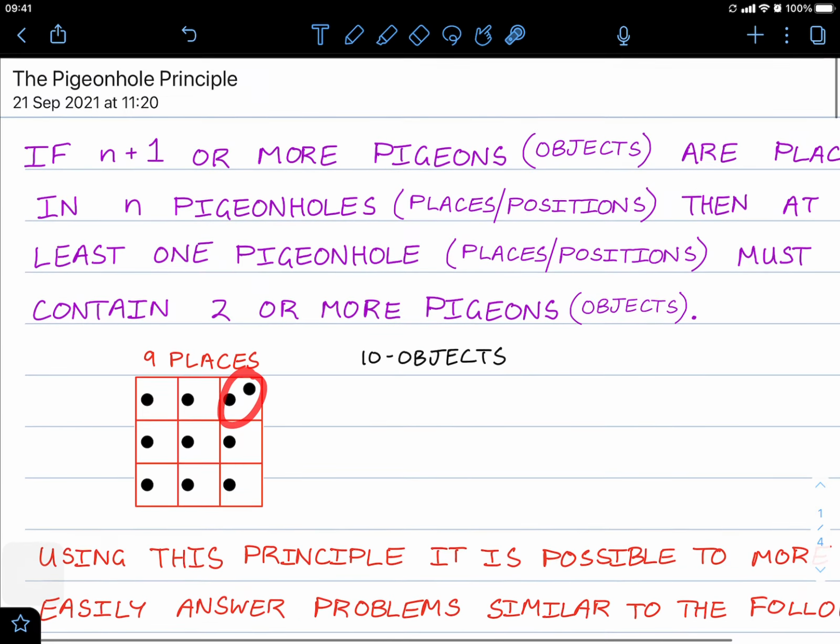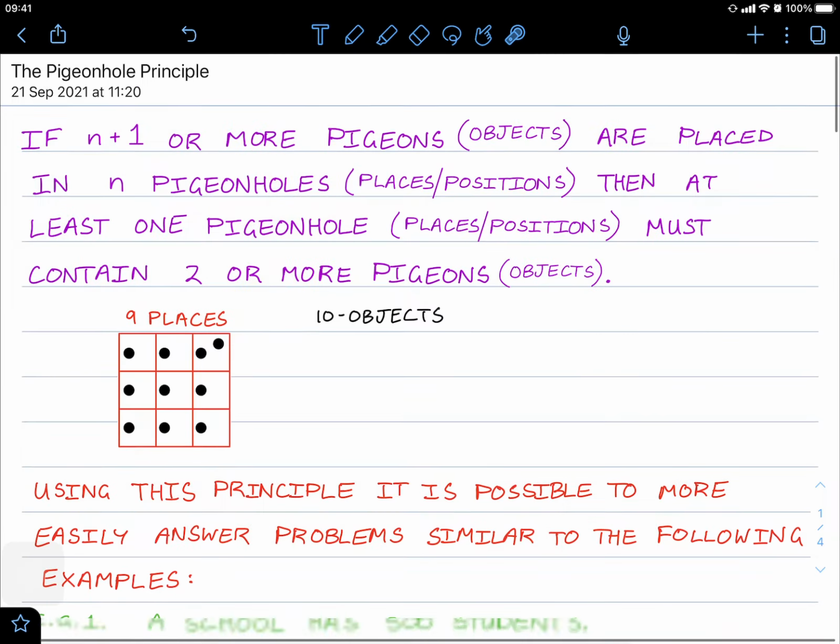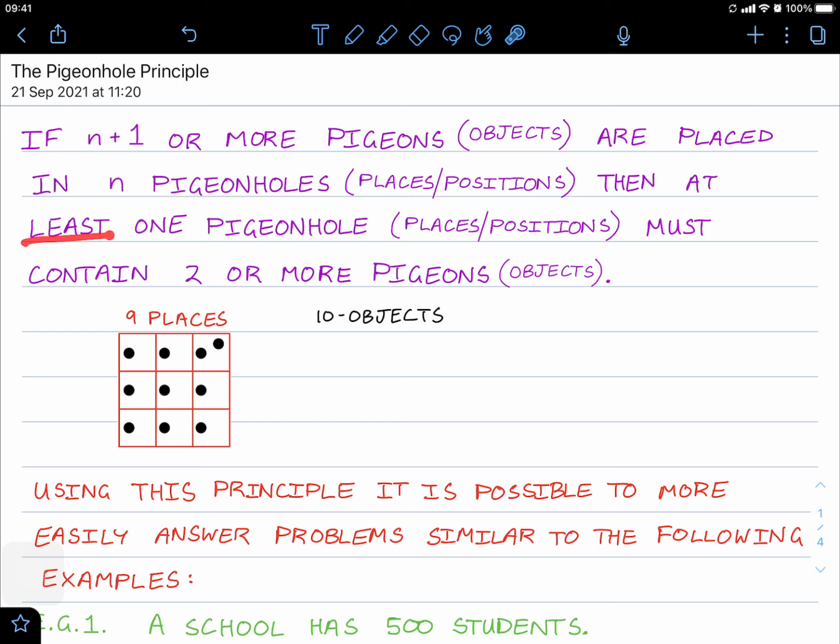Hence if there are n plus 1 or more objects and only n pigeonholes, then at least one, big emphasis on at least one pigeonhole, must contain 2 or more pigeons.